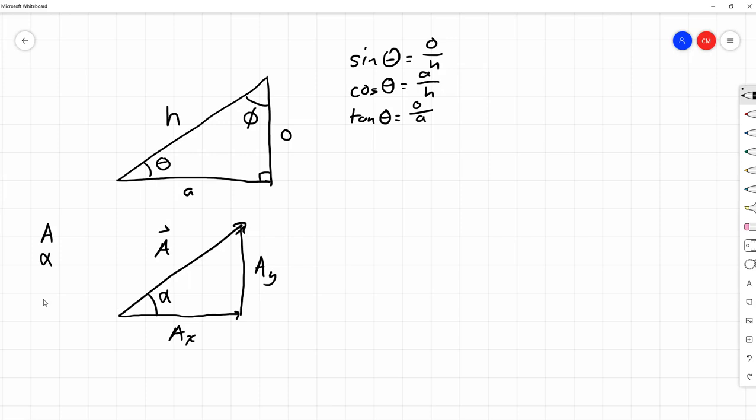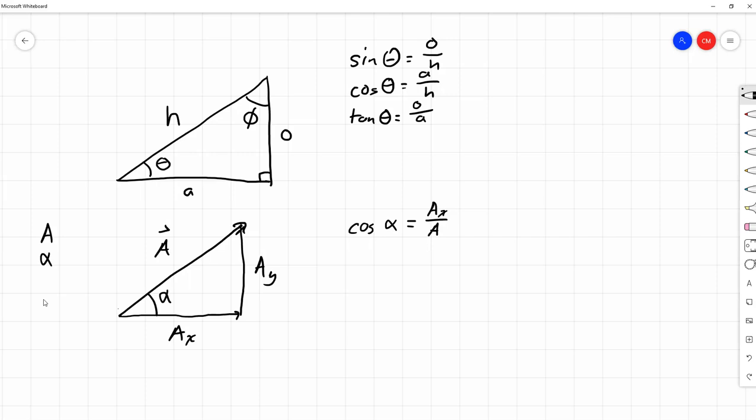I want to find Ax. Which function has the two knowns and the one unknown? The cosine does. So we write the cosine of the angle alpha is equal to the length of Ax divided by the length of A. So far, so good?